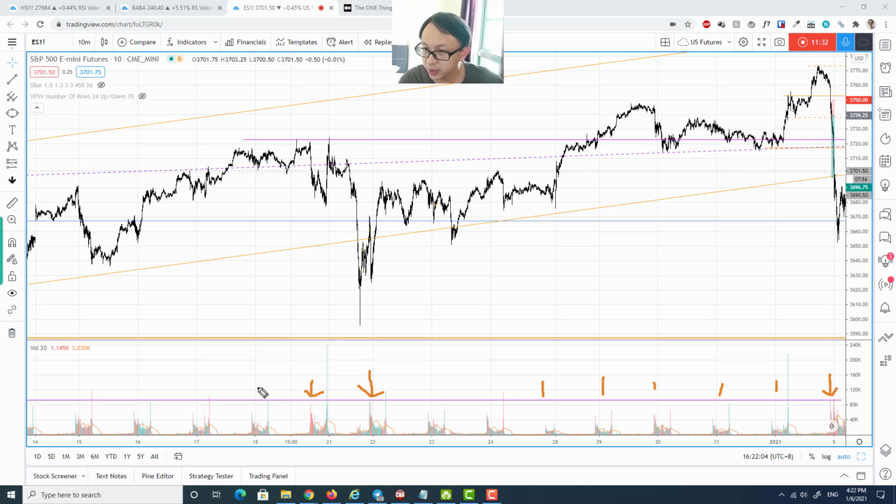When we look back a few more sessions, we notice that usually the first 10 minutes volume is roughly around where I drew this orange line. So you can see that it's a lot higher.